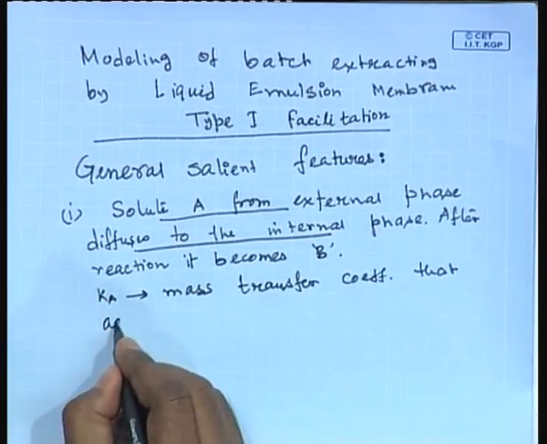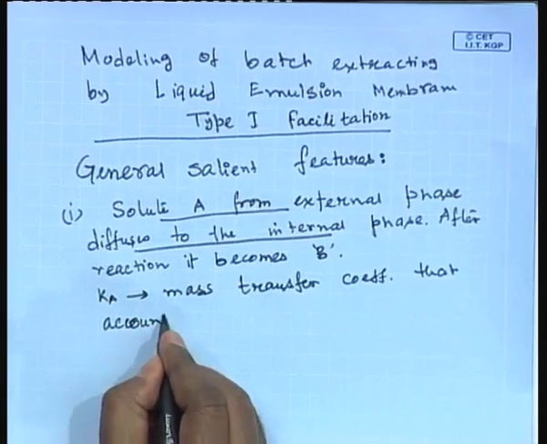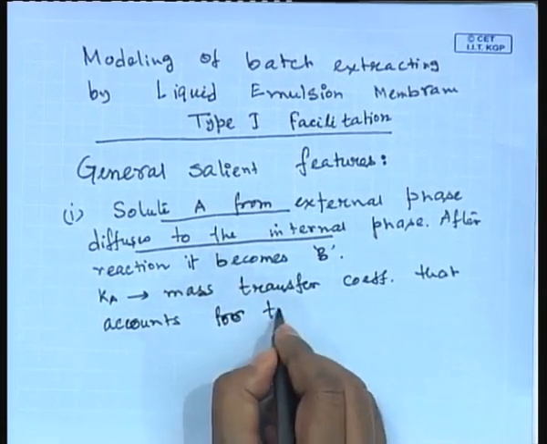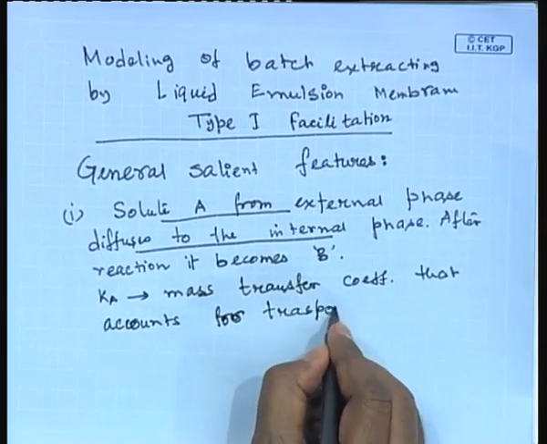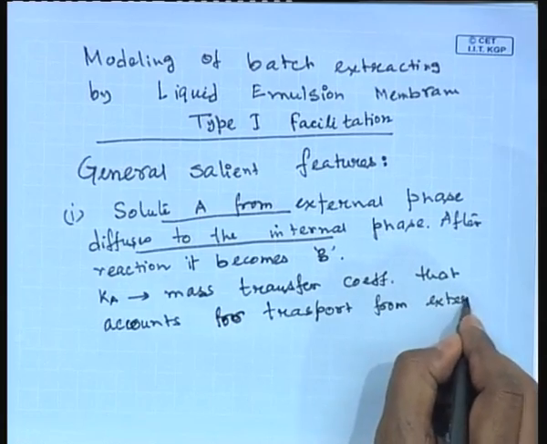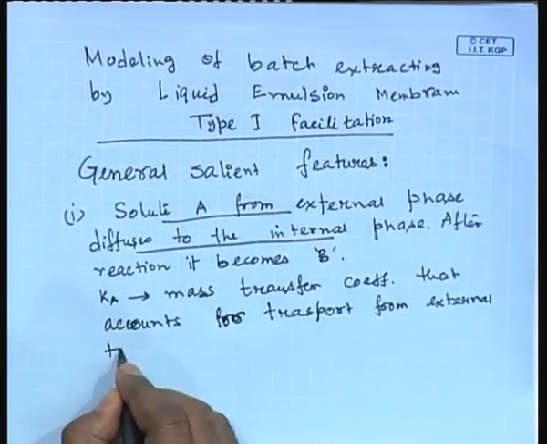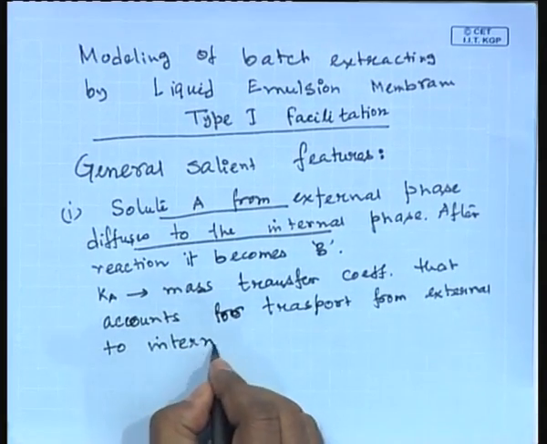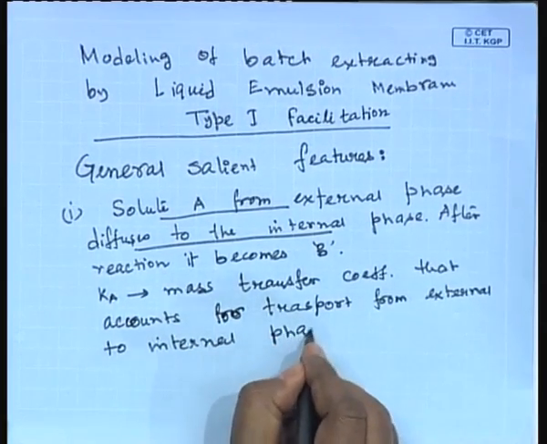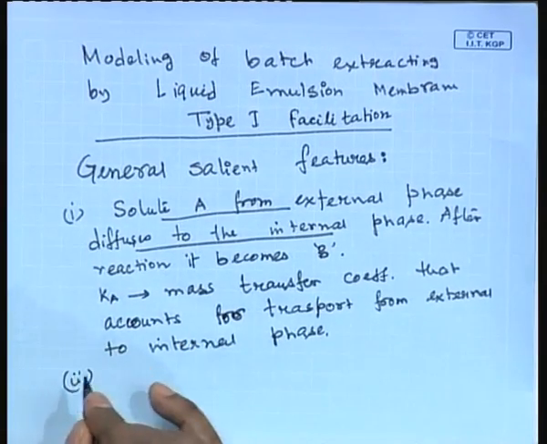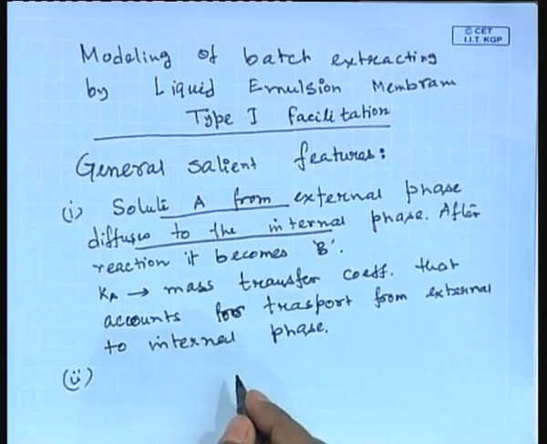So, Ka is the mass transfer coefficient that accounts for transport from external to internal phase. Second point is that B diffuses to the external phase.